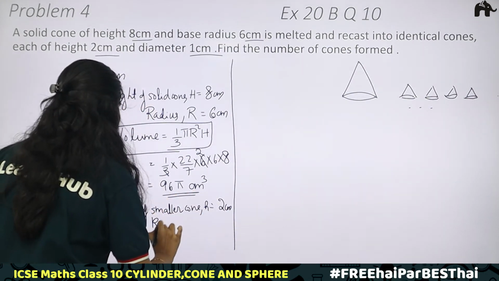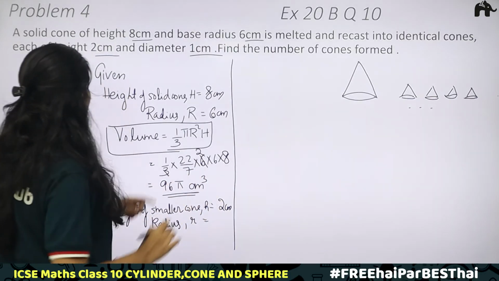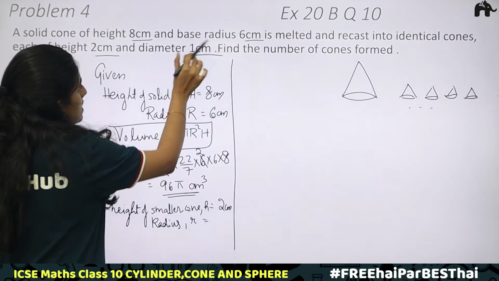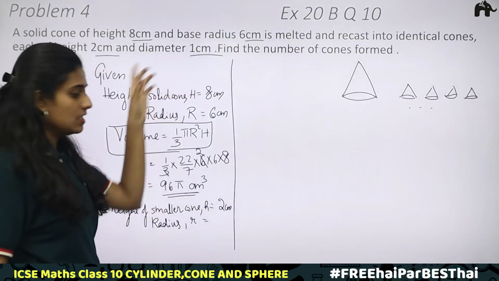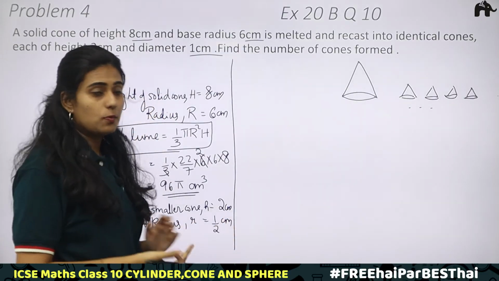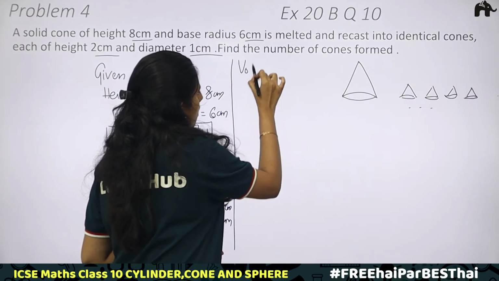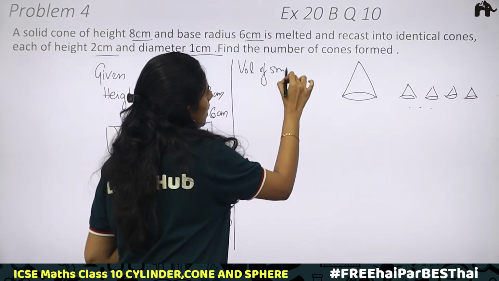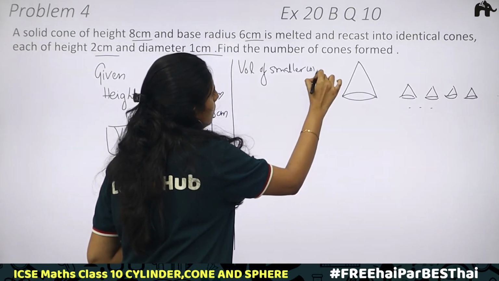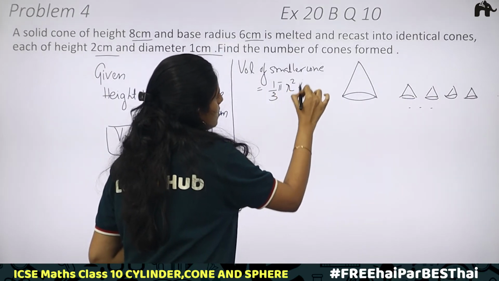Then radius, small r. Diameter is given as 1 centimeter. If the diameter is 1 centimeter, 1 by 2 centimeter is the radius, 0.5 centimeter. Then the volume of the smaller cone will be equal to 1 by 3 pi r square h.